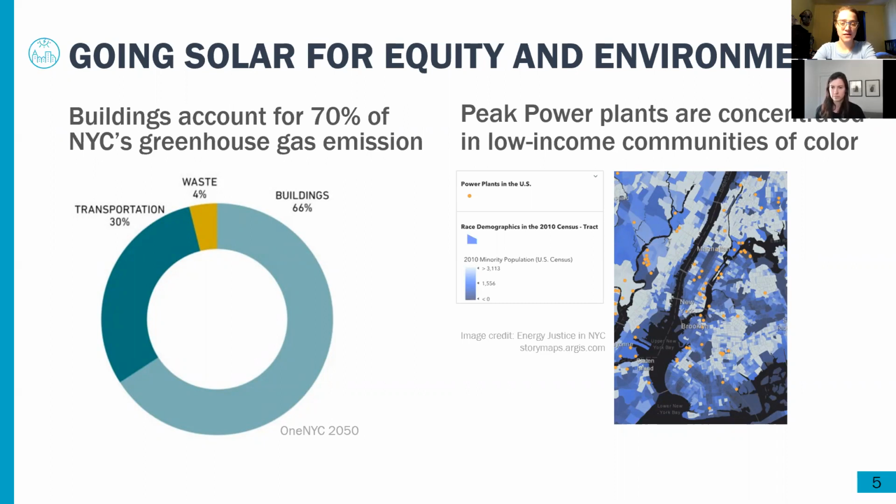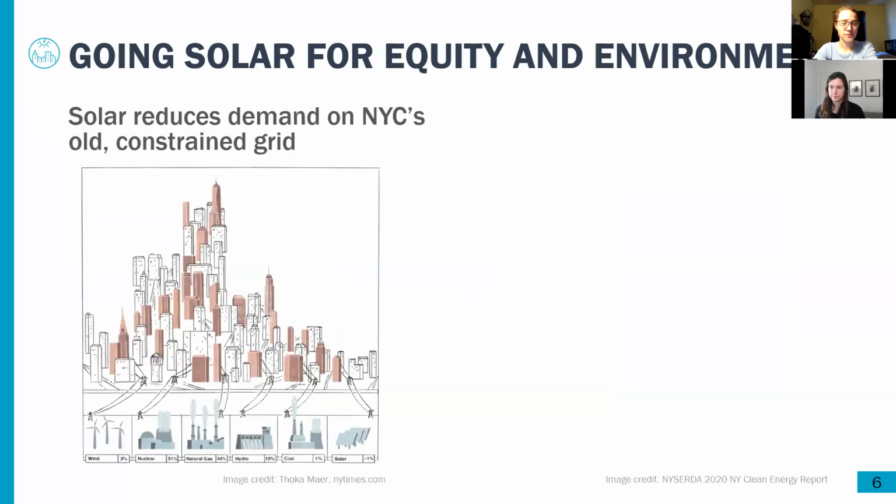And it's the dirtiest fuel that there is. And they, not surprisingly, are primarily located in low-income communities of color. So it's especially important to reduce these and do whatever we can to shut down the peaker power plants and provide reliable energy that can replace that. And solar is one component of that.